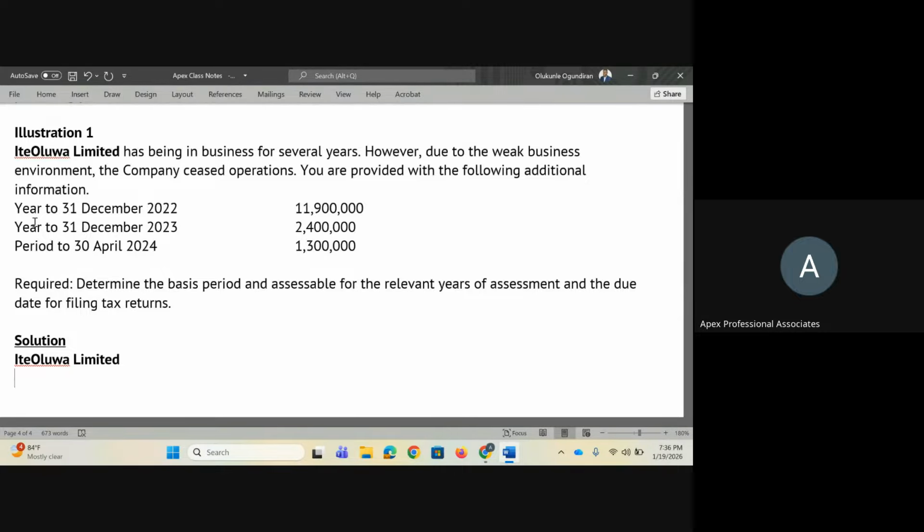So we have the determination of business period, assessable profit, and due date for filing for 2023 and 2024 years of assessment.